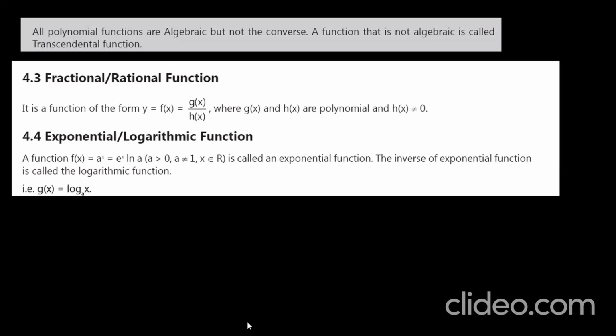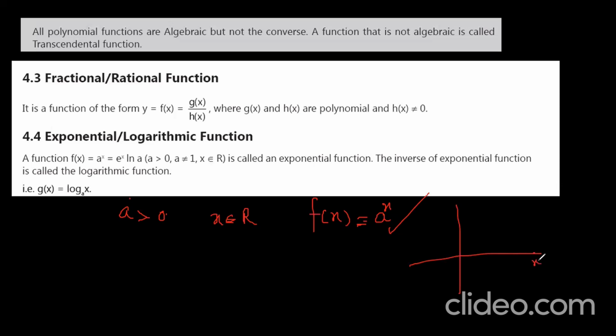For the exponential function, a function f of x, a should be greater than 0 and x belongs to R, the real number set, then our function f of x is going to be a power x. F of x is equal to a power x is called the exponential function. If you draw the graph of the exponential function, it is going to be like this.